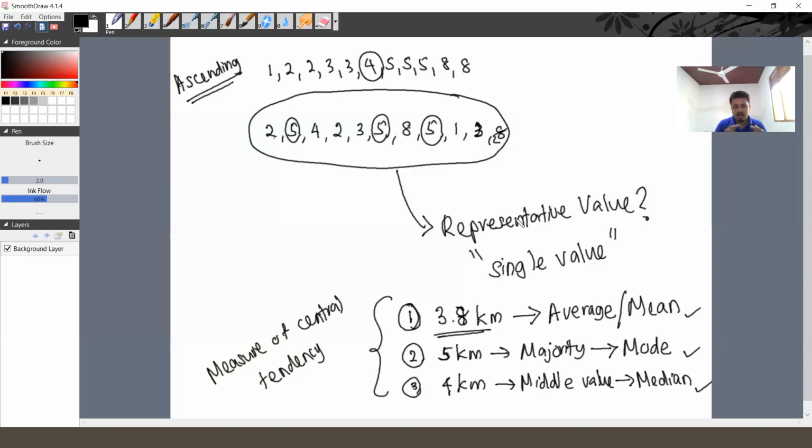Median එක කරන්නේ data set එක ascending order එකට හදලා මැද ඉන්න එක්කෙනාගේ value එක representative value එක විදියට දෙනවා. Right? 3 different measures, but the ultimate purpose is the same. So these measures are what we call measures of central tendency.